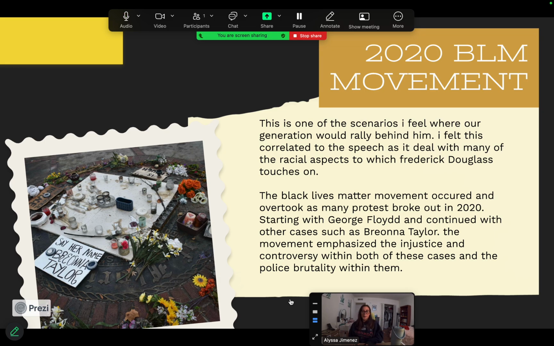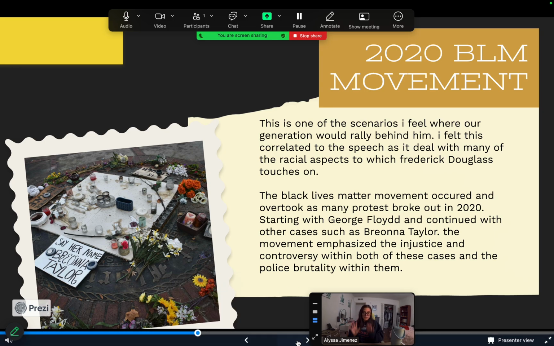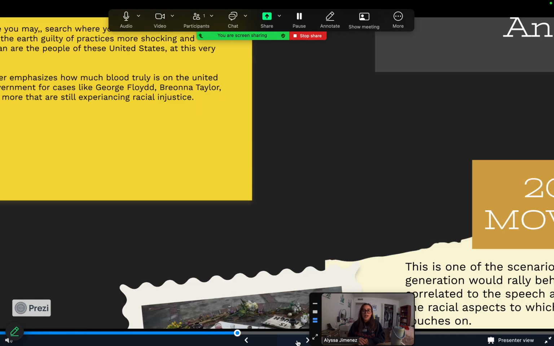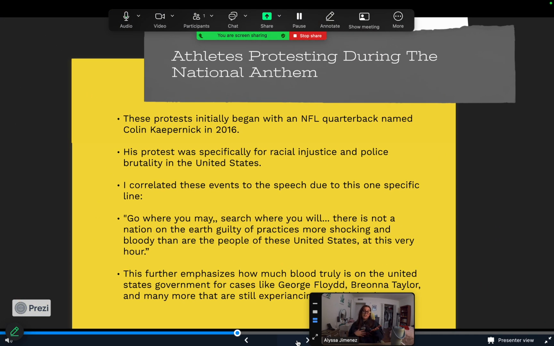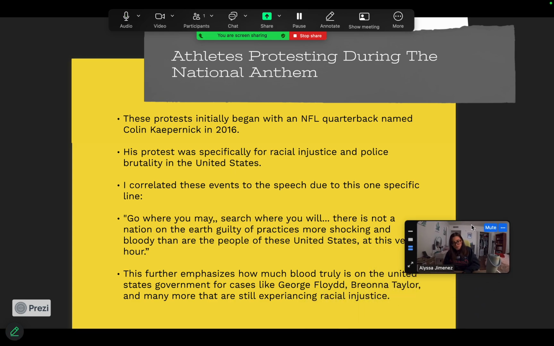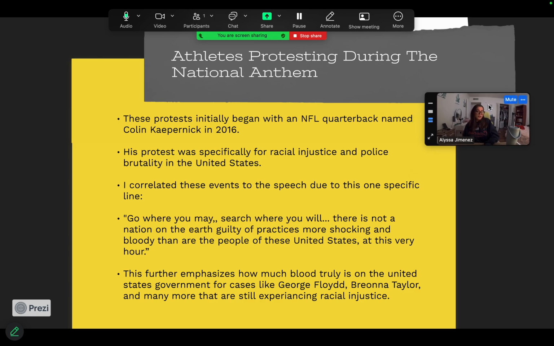Okay, that being said, there's another protest movement that I would like to touch on, and that is athletes protesting during the national anthem. This is something that also overtook all of our social media wavelengths, as we see with certain universities and certain NFL groups.